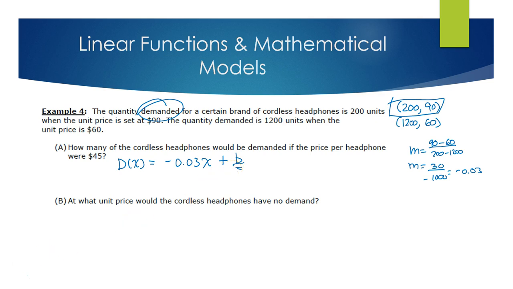To figure out what that value of b is, I'm going to need to put in that ordered pair, which I put a little square around up there. Remember, this is number of units, this is my demand price. So the price is still what we're actually dealing with. At $90 for price, my X value was equal to 200.